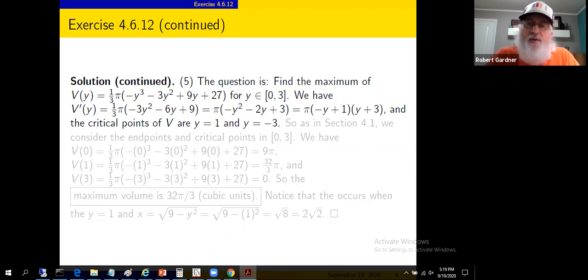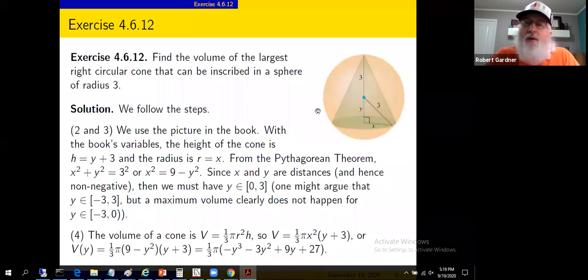So back to the previous slide. When y equals negative 3, if I tried to make sense out of that, we would have taken this cone and made the height, and the height would be 0 if I take y to be negative 3. So what you've got is a cone with height 0.